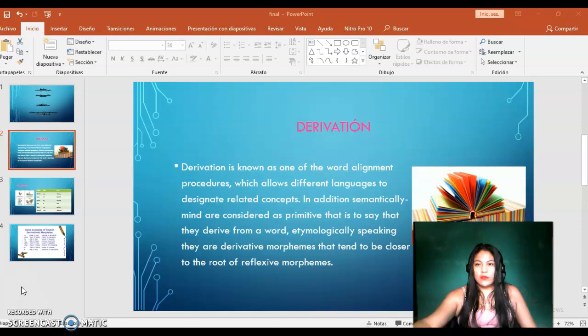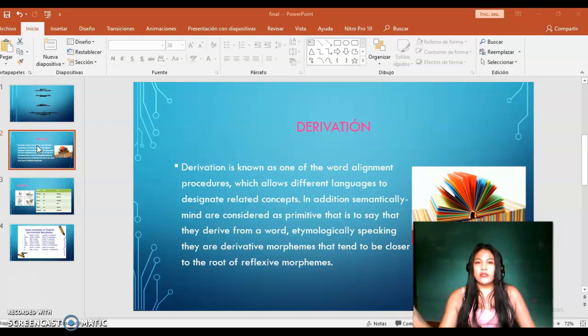My contribution is the final course on language, and the theme is derivation and definition.